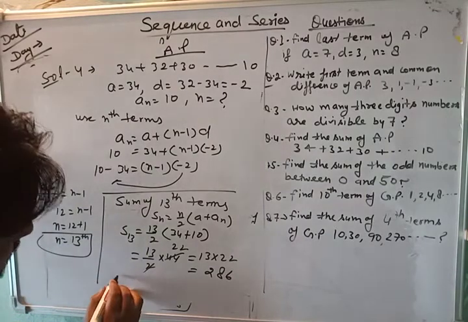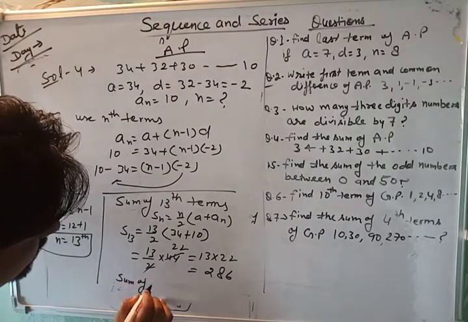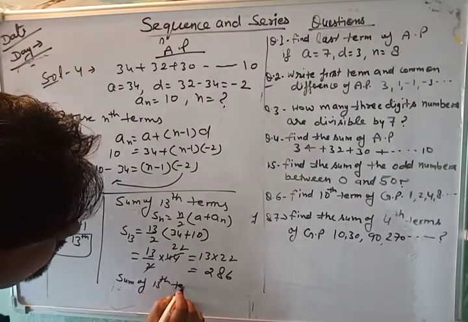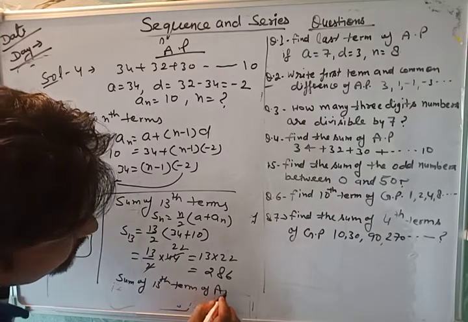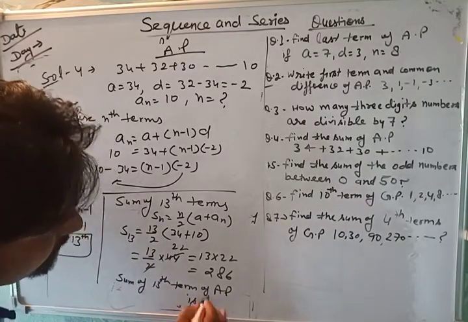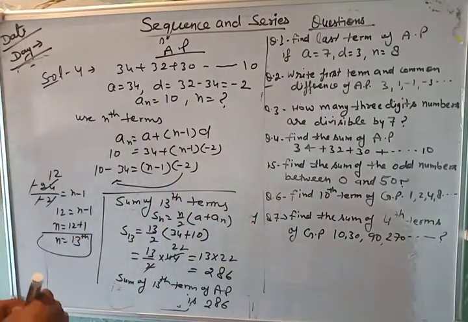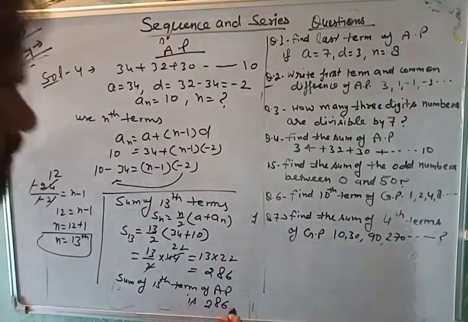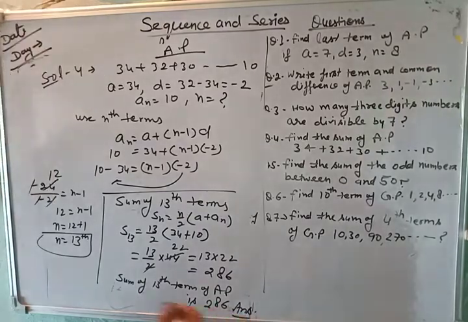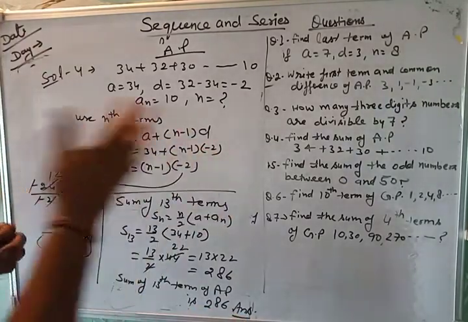So the answer, the sum of 13 terms of the AP, is 286. Clear? So it is our answer of question number 4.